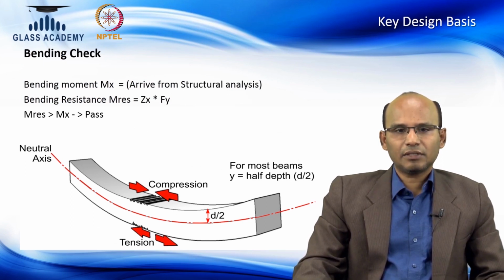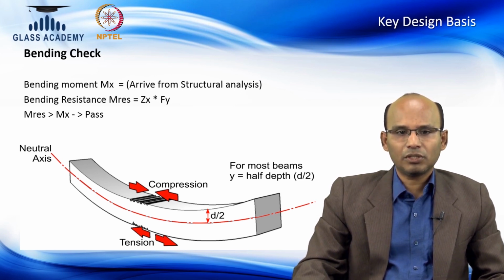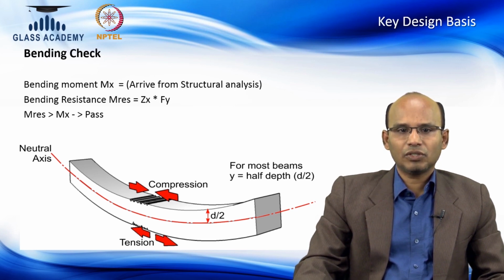Primarily, the bending check is applicable to the framing elements which are supporting the glass panels. It could be vertical framing elements or horizontal framing elements. The bending theory is the same, any beam bending theory is applicable. It depends whether this member is simply supported or continuous.